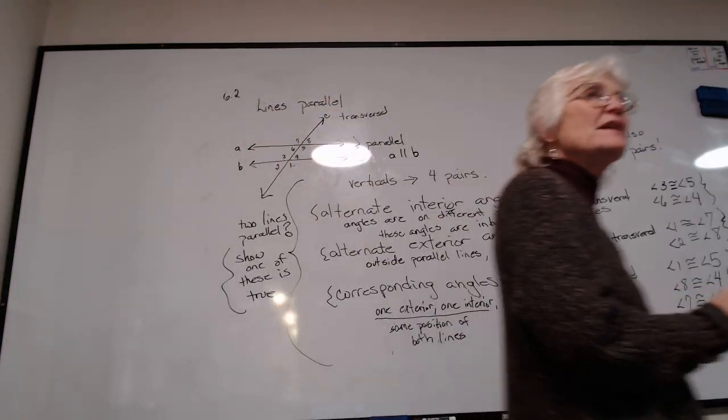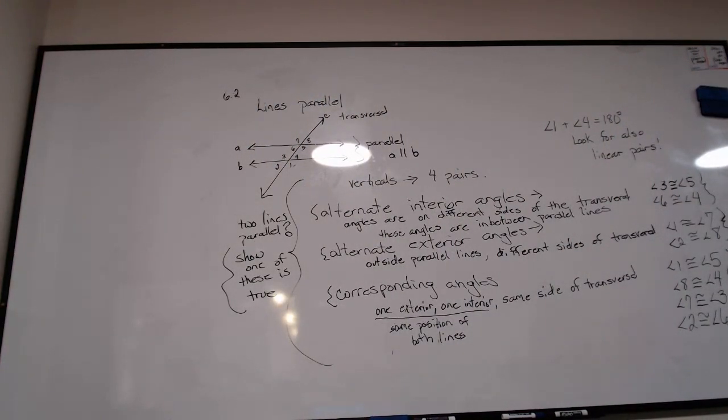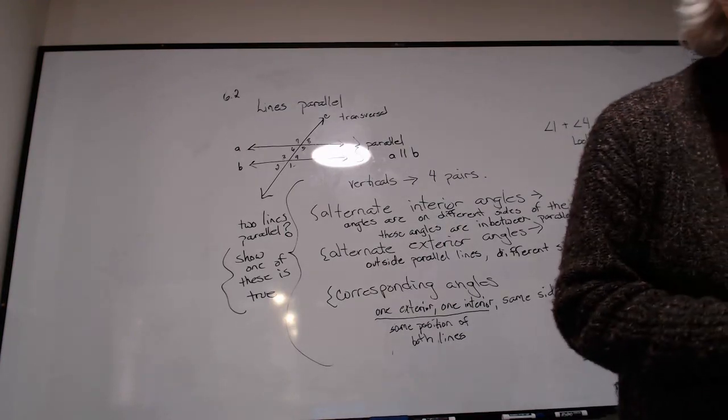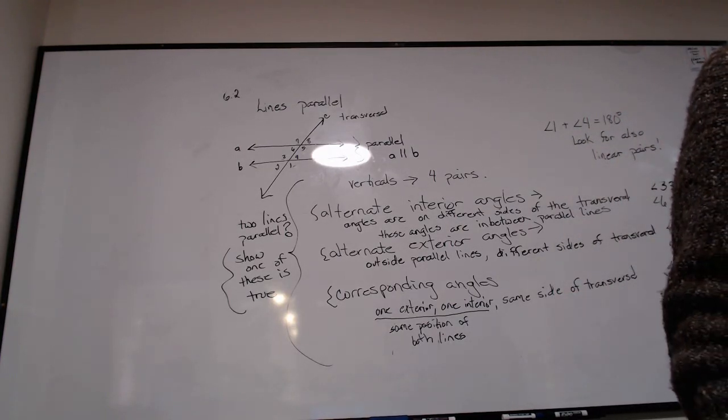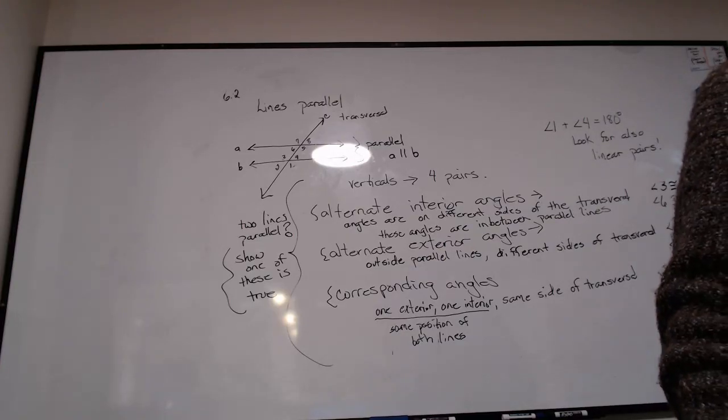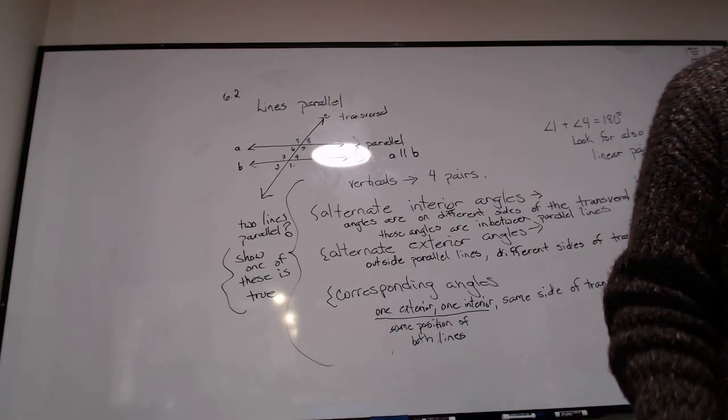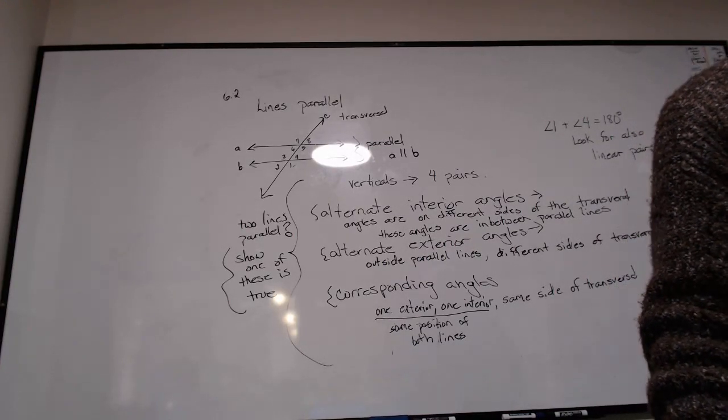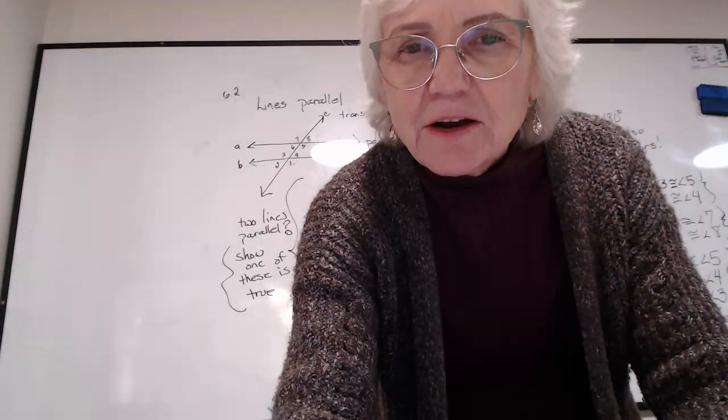If I'm trying to find out that they are parallel, you have to find alternate interior angles that are equal, or alternate exterior angles that are equal, or corresponding angles that are equal. That will help you prove it. Okay, that is basically the whole section here. Now we'll try some problems.